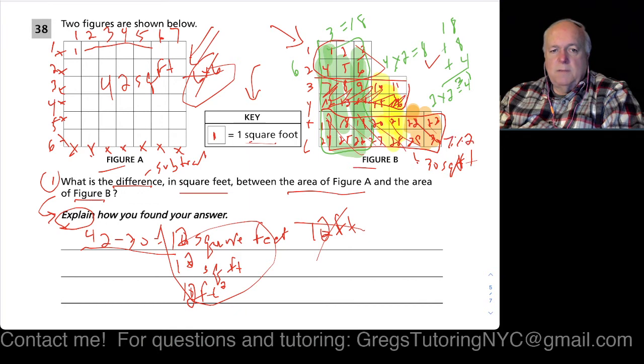That's 14. The next one is 1, 2, 3, 4, 5 by 2. That's 10. So we have 24. And the last is 3 by 2, which is 6. So we get 30 again that way.